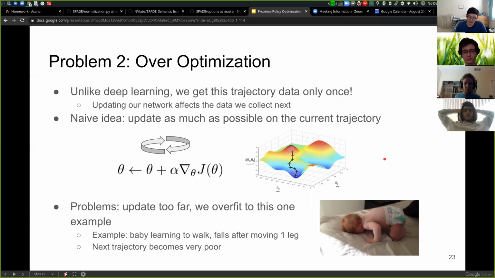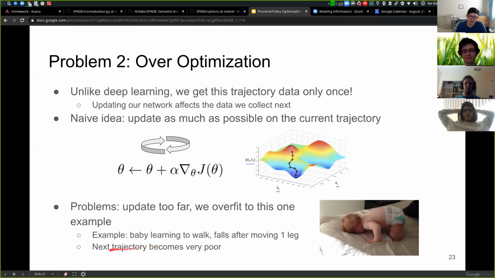Say that you have a little baby, and the baby is learning to walk. So the baby is standing on its 2 legs, and it moves 1 leg and it falls over. It's definitely not walking. So because moving 1 leg had it fall over, then it learns, oh, I should never move that leg again. But then if it never moves that leg again, it can never discover that legs are actually really essential to walking, right?